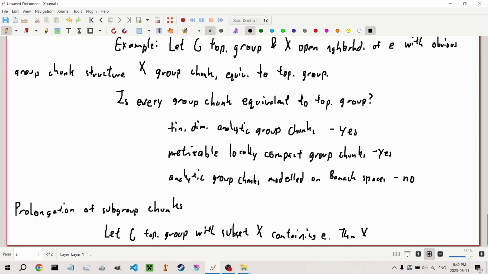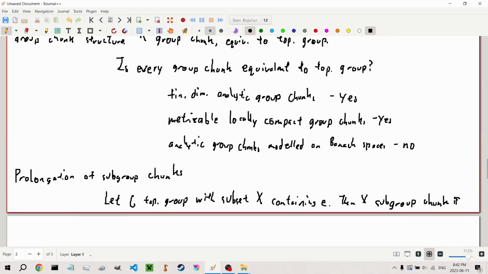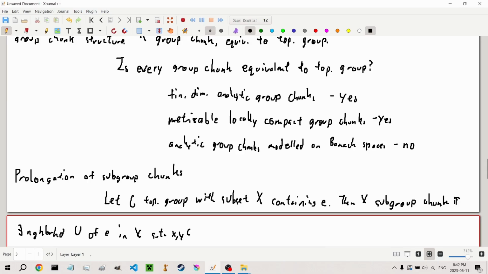Then X is said to be a subgroup chunk of G if there exists a neighborhood U of E in X such that x and y in U gives xy being in X, and our inverse also being in X.